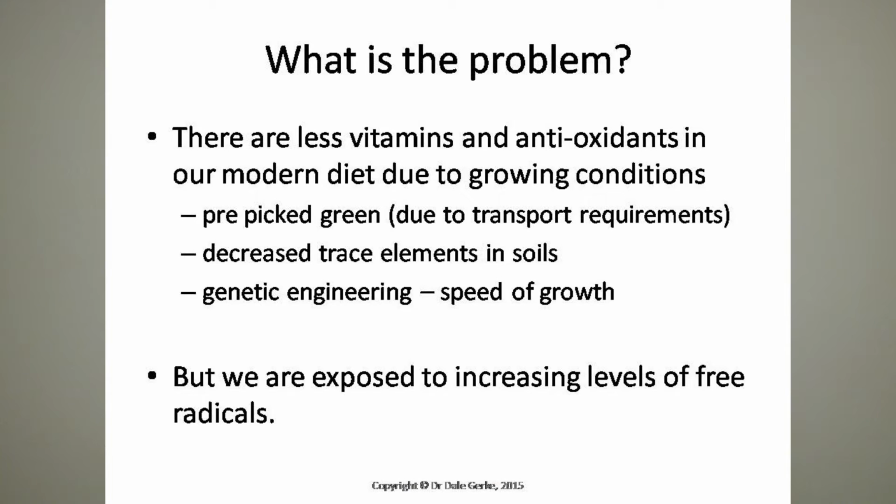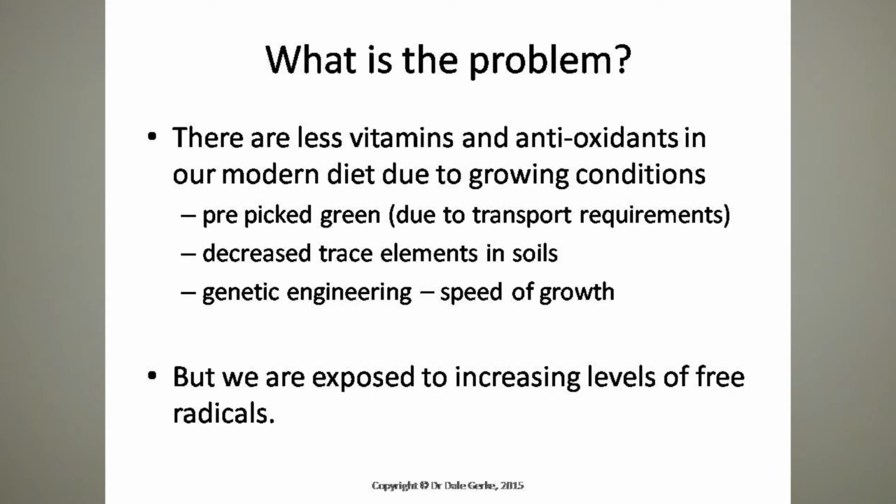There's also a well-acknowledged problem, and it's been known for well over 50 years, probably closer to 80 years, that the soils that we grow our fruit and vegetables in now are nutritionally deficient in trace elements. They've been depleted over the years of having fruit and vegetables grown in them.